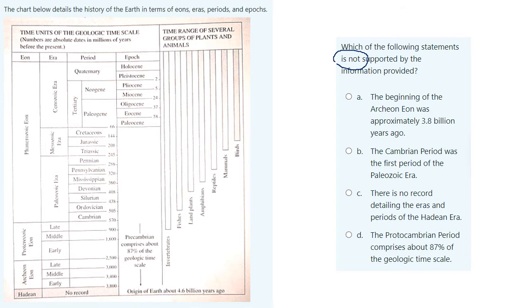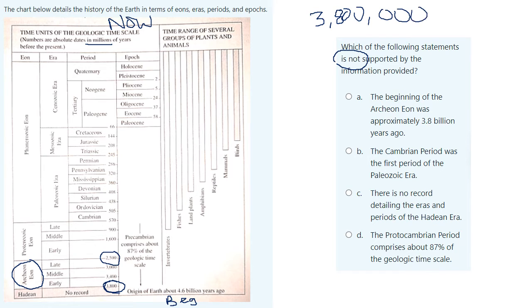The beginning of the Archean eon was approximately 3.8 billion years ago. So we need to find the Archean. The Archean is down here. The beginning is here. The end is here. This is because this is the beginning of the Earth, and this is now. So it was born, or it began, or it was created 3,800 million years ago. 3,800 million.